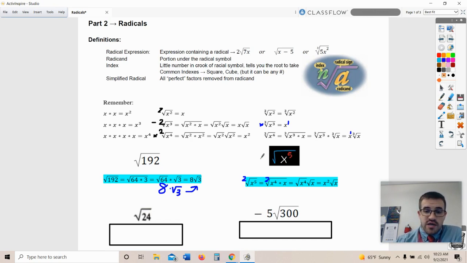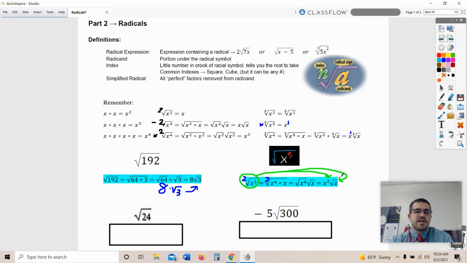And if you use that shortcut, you divide 2 into 5, it goes in 2 whole times, with a remainder of 1.